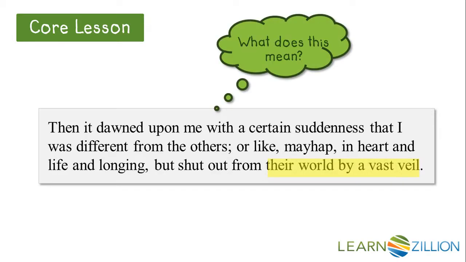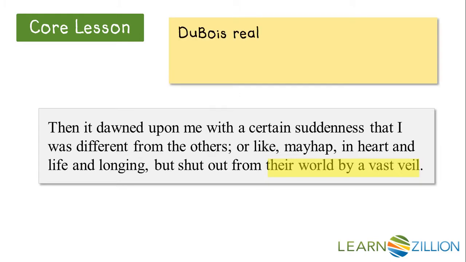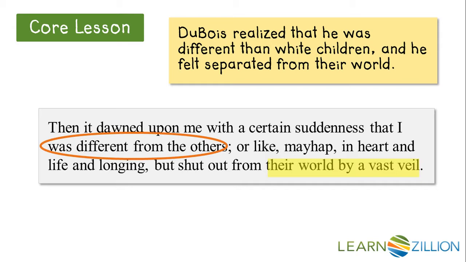What is he trying to tell me here? And I get that he realized he was different than the white children, and that he felt separated from their world. So I'll go back and verify my answers. It says in here, was different from the others, and also felt shut out from the world by that veil.